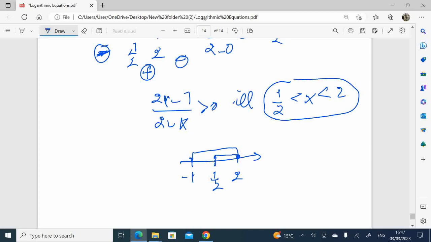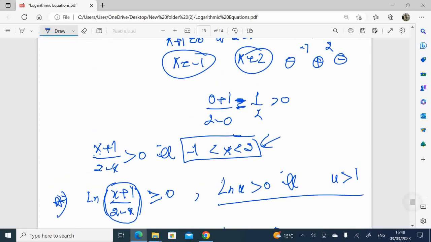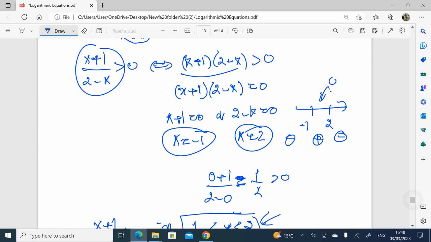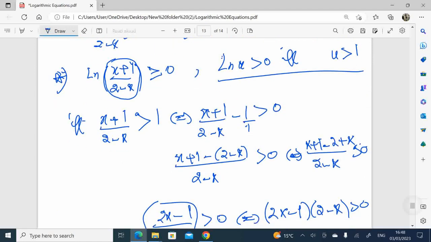So can we take 2? 2 is not included in the first condition, while in the second condition we have the or-equal, because we needed ln to be greater than or equal to 0.